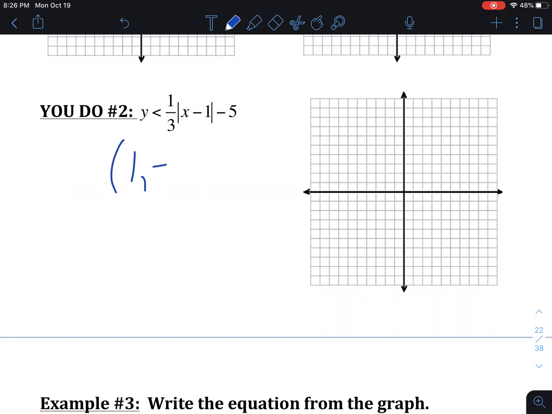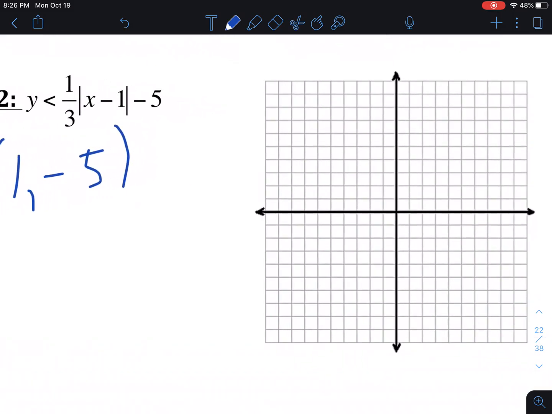The vertex is (1, -5). And the slope A is up 1 for every over 3.